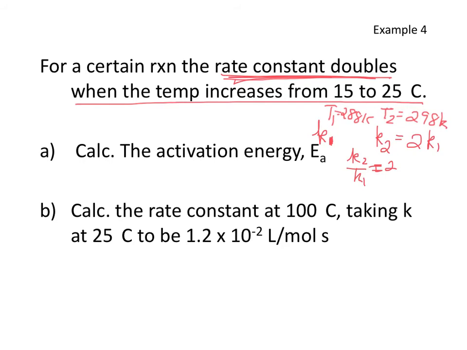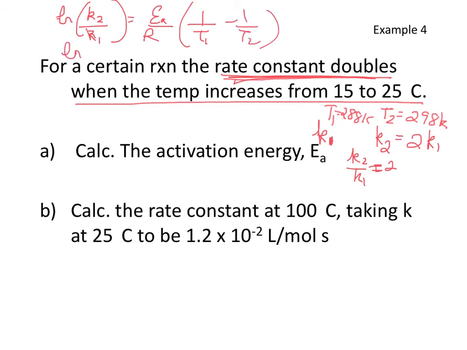So Arrhenius's two-point equation gives us natural log of, since there are two temperatures, that's what I need, k2 over k1 is equal to Ea over R, 1 over T1 minus 1 over T2. Natural log of k2 over k1, I just figured that that was 2. Ea is what I'm seeking.